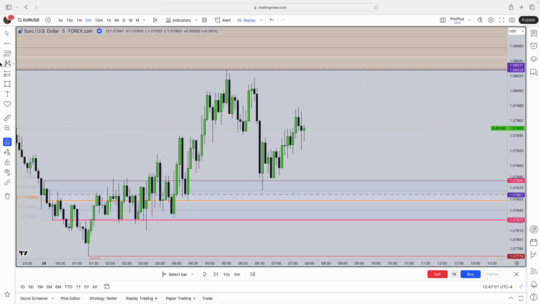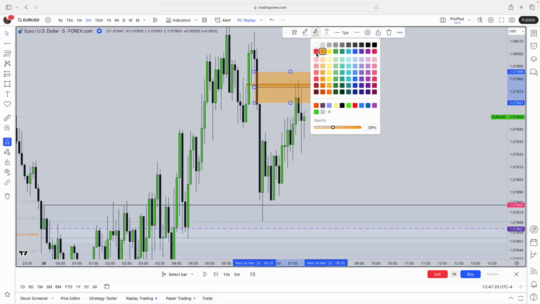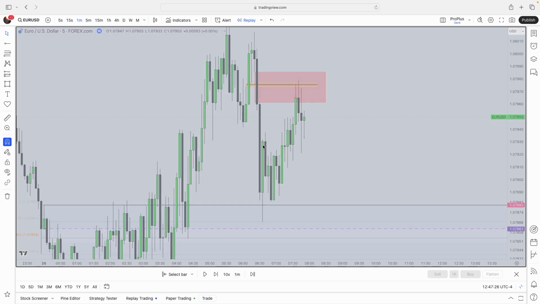Pulled into the 5 minute SIBI here. Okay, respected that. What's this here? Inversion. Oh my days. Sorry guys. Inversion here, and then draw that back. Made that red. Get rid of the midpoint. So inversion here, SIBI, rejected.